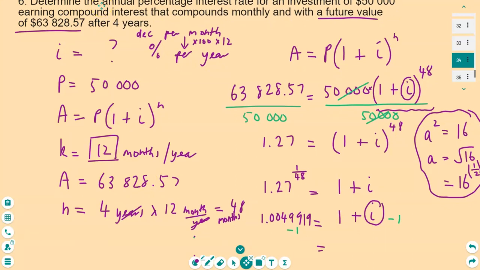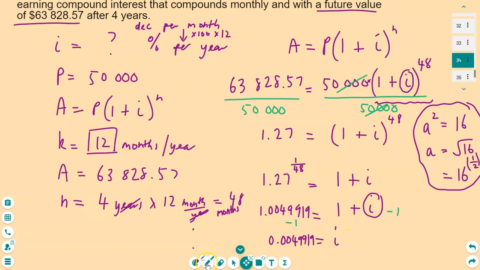Even though I could do this one in my head, I'm not doing it. 1.0049919, take 1. I can just look at it without the 1, but it's fine. And that's our I. But remember, that's as a decimal.